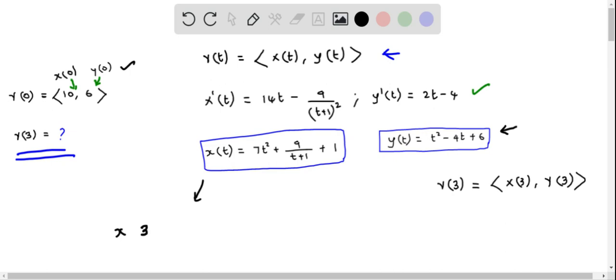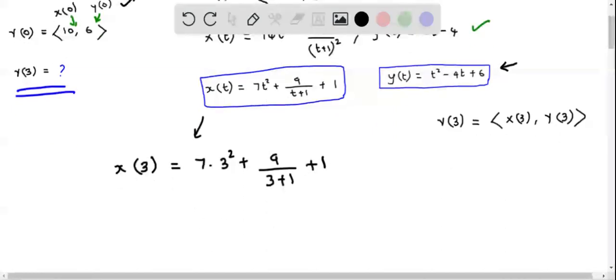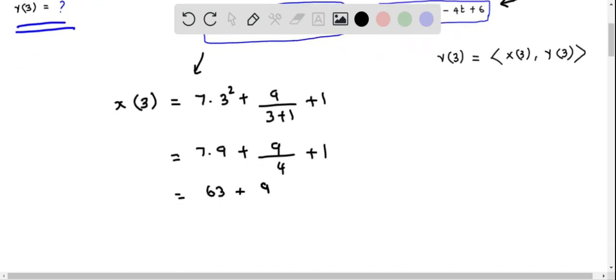I'm going to plug in t equal to 3 into x of t. So therefore this becomes x of 3 equals 7 times 3 squared plus 9 by 3 plus 1, plus 1. So let's simplify this. This equals 7 times 3 squared, which is 9, plus 9 by 3 plus 1, which is 4, plus 1, and this equals 7 times 9 is 63, plus 9 by 4, plus 1.